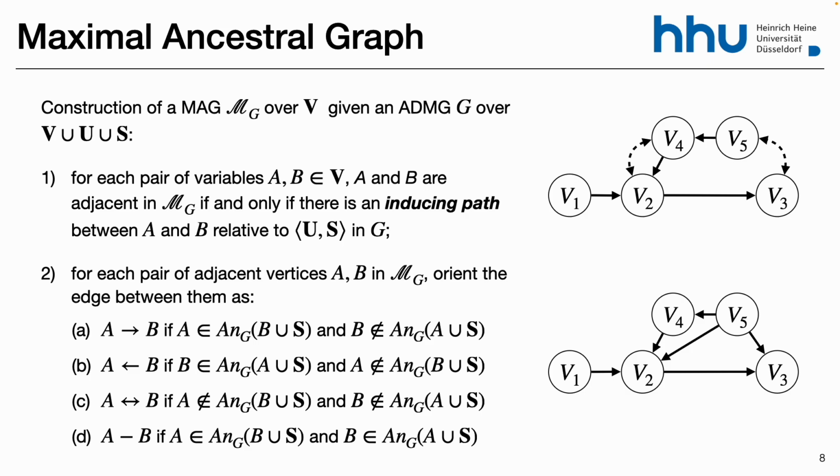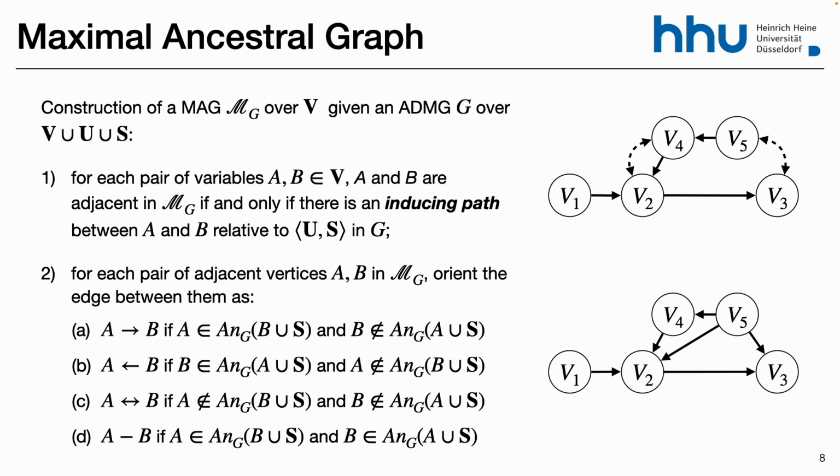If I want to separate V1 and V3, I need to condition on V2, because that is this directed path. But then I open this collider here. Since V4 is a non-collider in V2, V4, V5, this entire thing is open. So we need again to block the path.